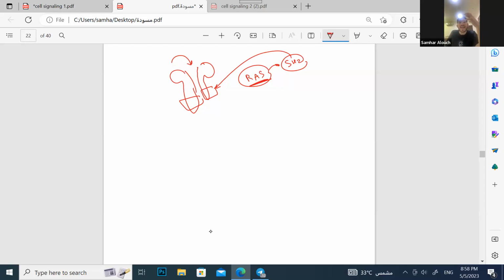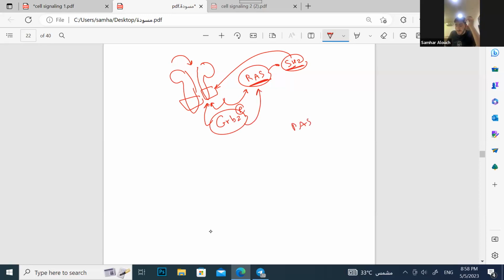By using an adapter protein. An adapter protein gets phosphorylated, then goes again to the Ras and phosphorylates Ras. This adapter protein in the Ras pathway is GRB2. GRB2 gets phosphorylated because it has the SH2, and once it gets phosphorylated, it goes to the Ras and phosphorylates Ras.